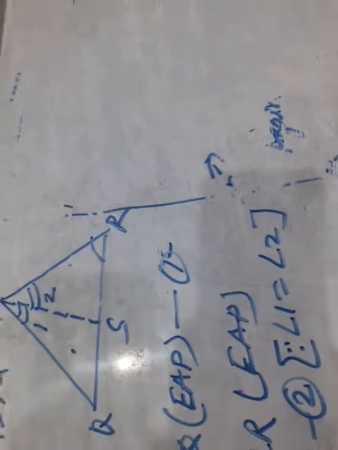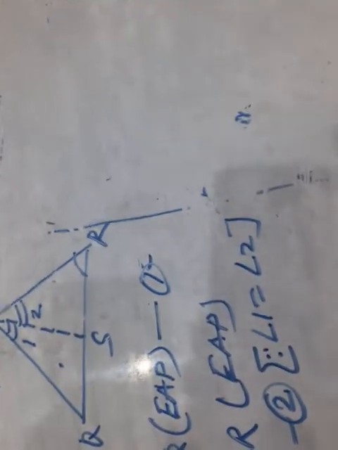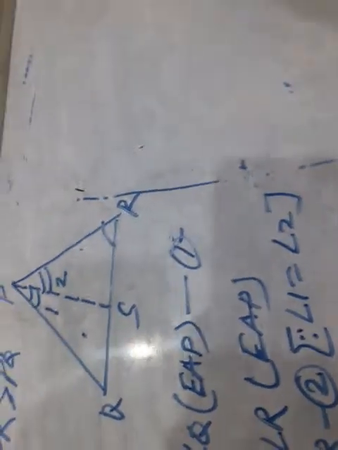Okay children, now one more important question, the last question of the chapter. We have to show that of all line segments drawn, the perpendicular line segment is the shortest. Let us move to science.